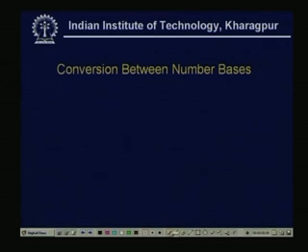So what we have seen is that we have 4 such number systems. Our main concentration, the main thing we want, is the binary number system, where the radix is 2.